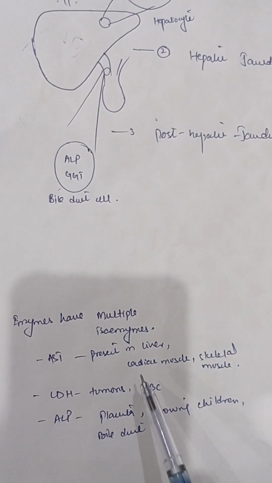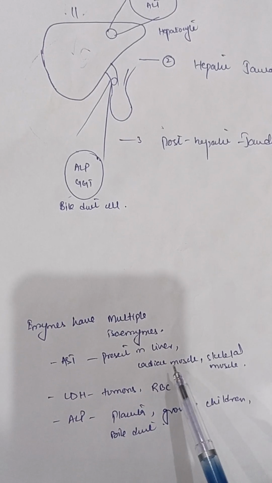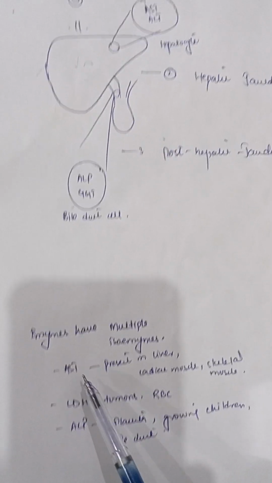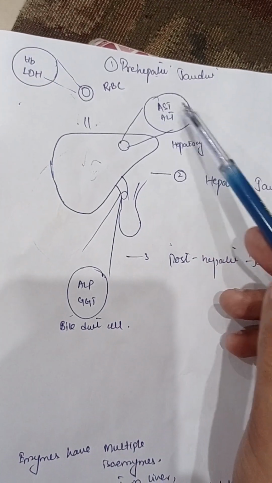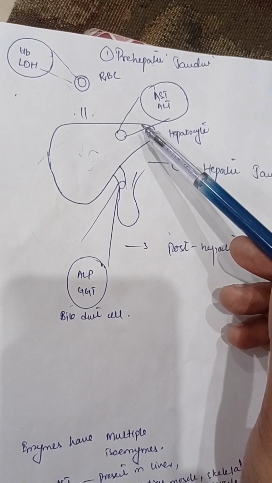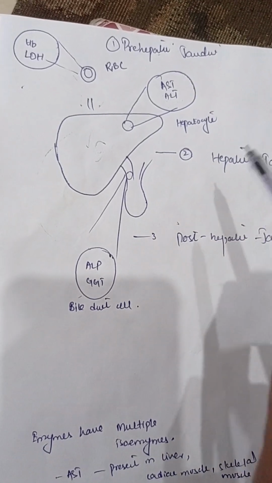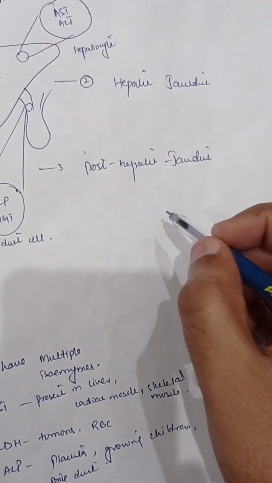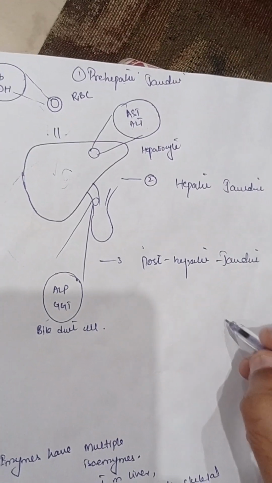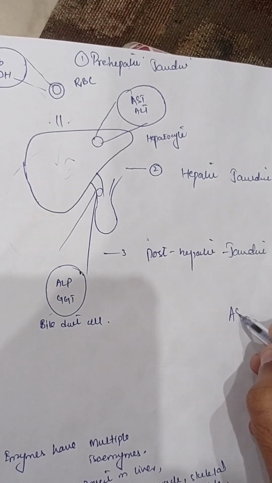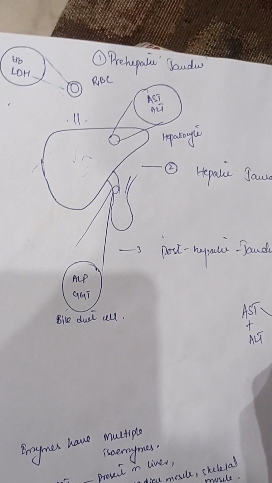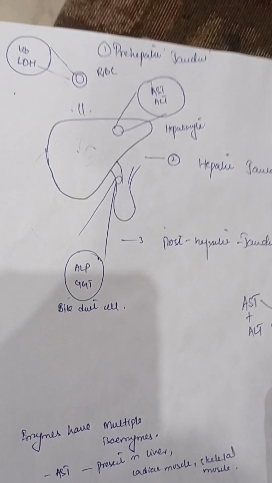While in conditions affecting the skeletal or cardiac muscles, AST will be raised, but ALT will be normal. This is the basic difference that will lead to the diagnosis of the questions that I sent in the group. So whenever there is hepatic jaundice, AST plus ALT must both be raised.